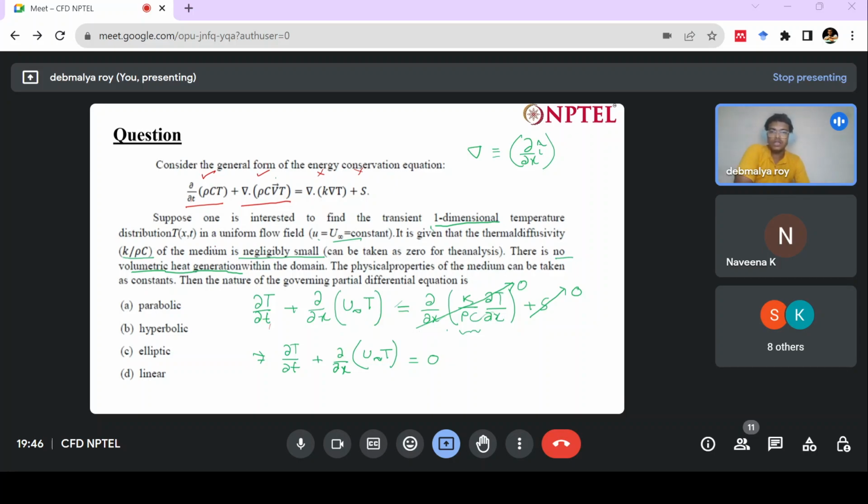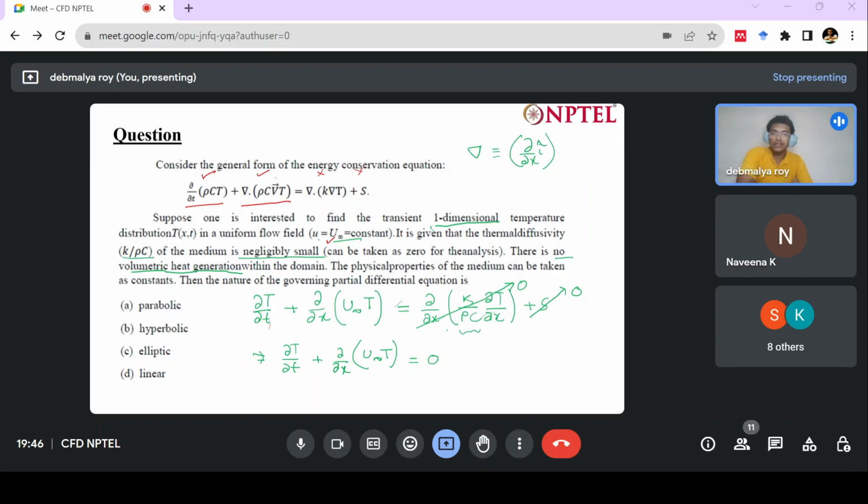So this is basically limited by the velocity of the fluid, which is u infinity. This whole process of heat transfer, which is represented by this equation, is limited by the velocity of the fluid. So it is very evident that this kind of equation will be a hyperbolic one, since there is this speed limitation embedded in the equation.